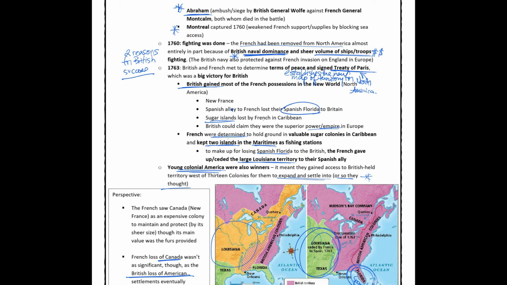And by 1760, the fighting was done. The French ceded and gave up all of the territory they had previously claimed in North America. The French had been removed from North America almost completely. And a big part of it was the naval dominance of the British and just the volume of resources.